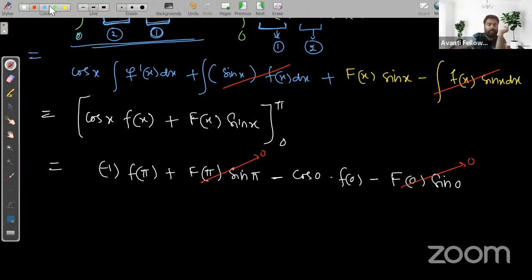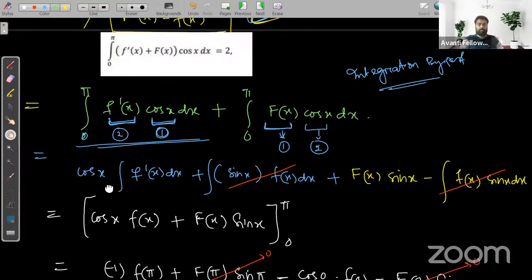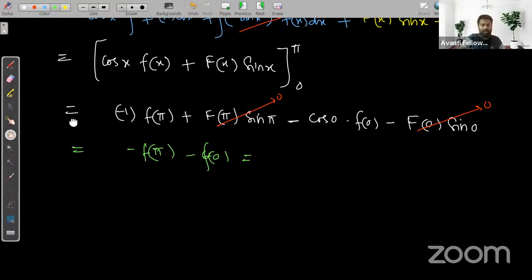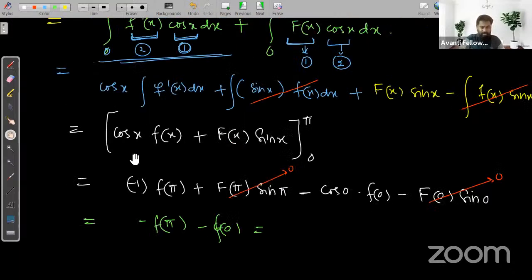So finally, we are having minus of f of pi minus cos 0, which is 1, f of 0. So f of pi is given in the question, that is -6. It is already given in the question.